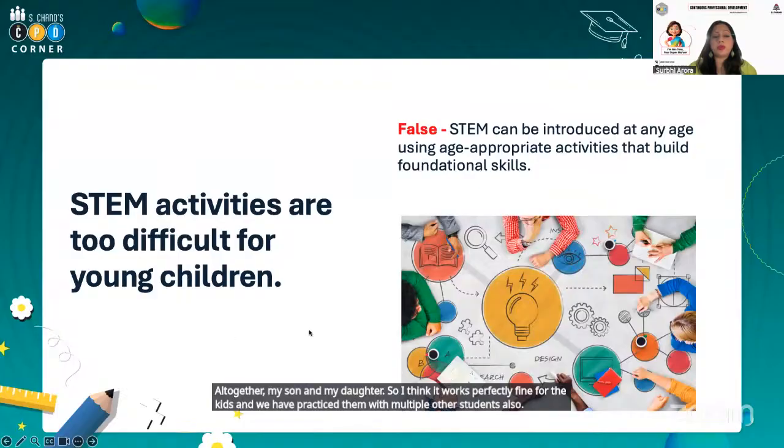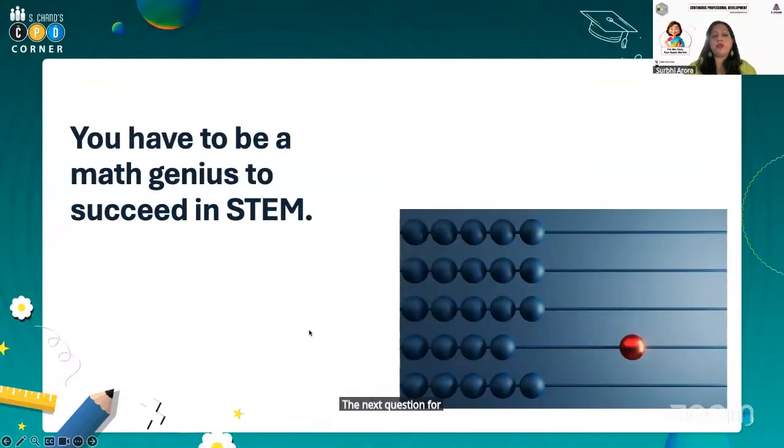Now, the next question for you is, you have to be a math genius to succeed in STEM. You have to be a math genius. A lot of teachers and a lot of people have this conception in their mind.